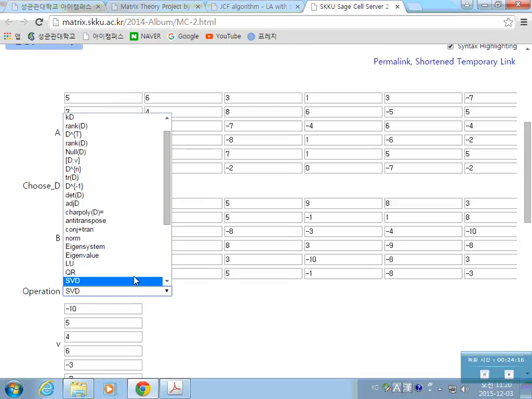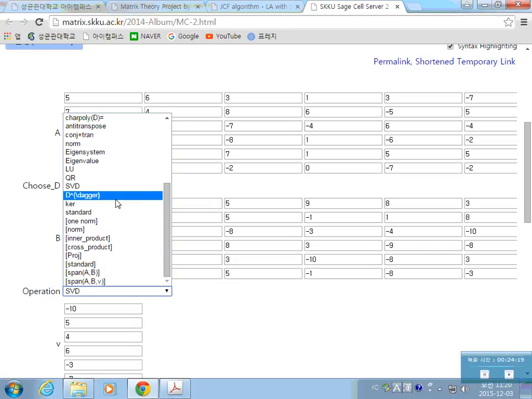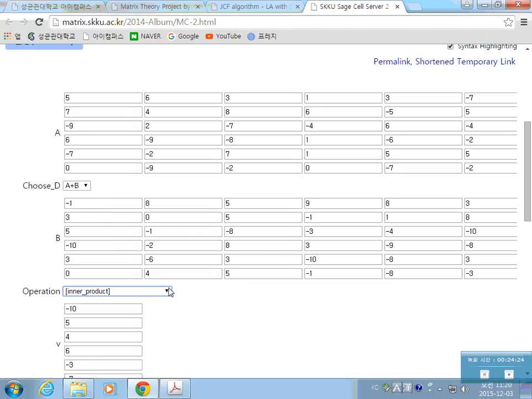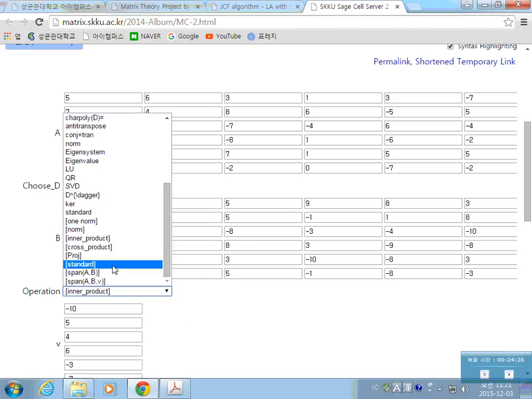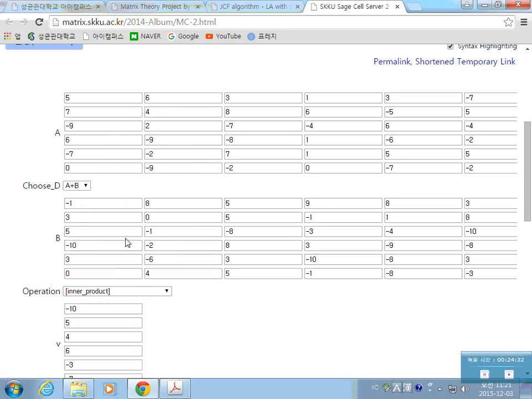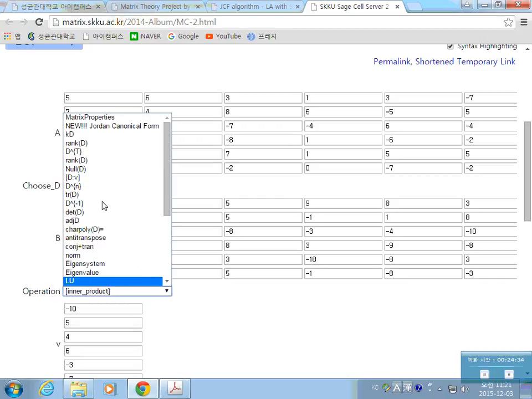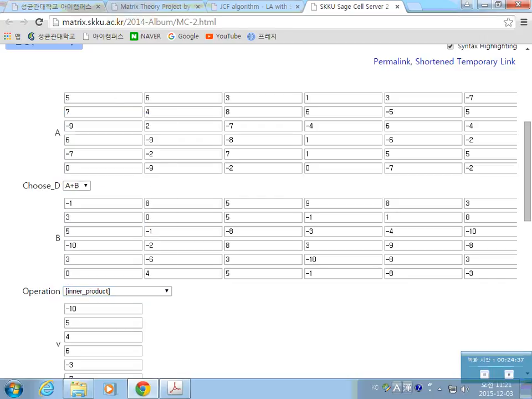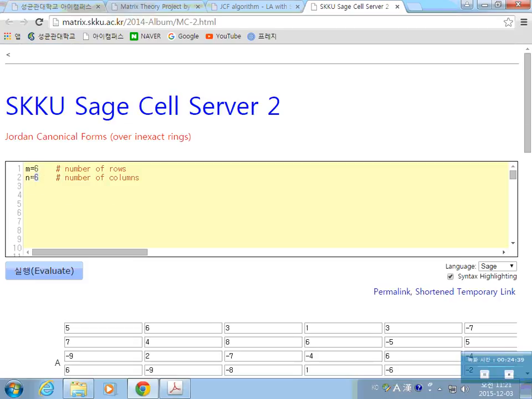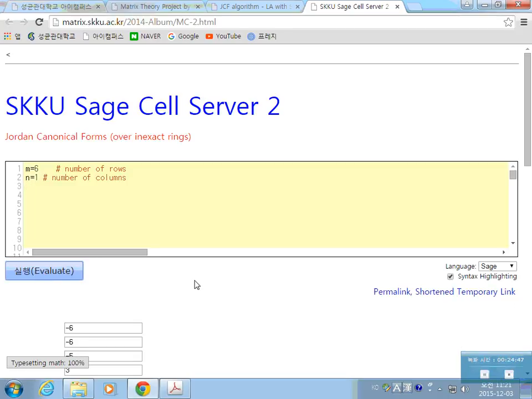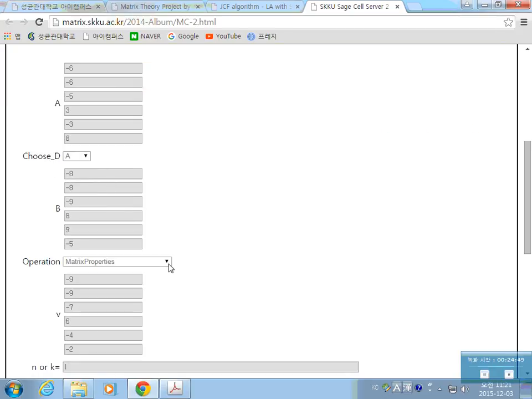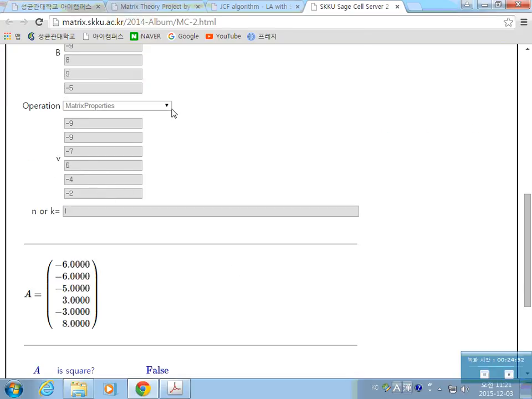You will be able to do so, and whatever, and daggers and corners and standard norm, inner product. I know inner product doesn't work because in order to do so, you need proper sizes of the matrices. If you give a vector, then you will have a 6 by 1 matrix like this. Okay, for this matrix A, you can find what?